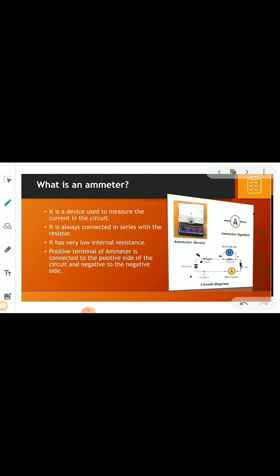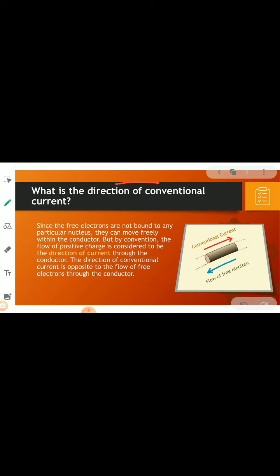The electrons flow from negative terminal to the positive terminal. So the flow of electron is from negative terminal to the positive terminal. But the electric current flows opposite to the direction of flow of electron. That is by convention. If the free electrons are moving in this way, then the conventional current flows in the opposite way.